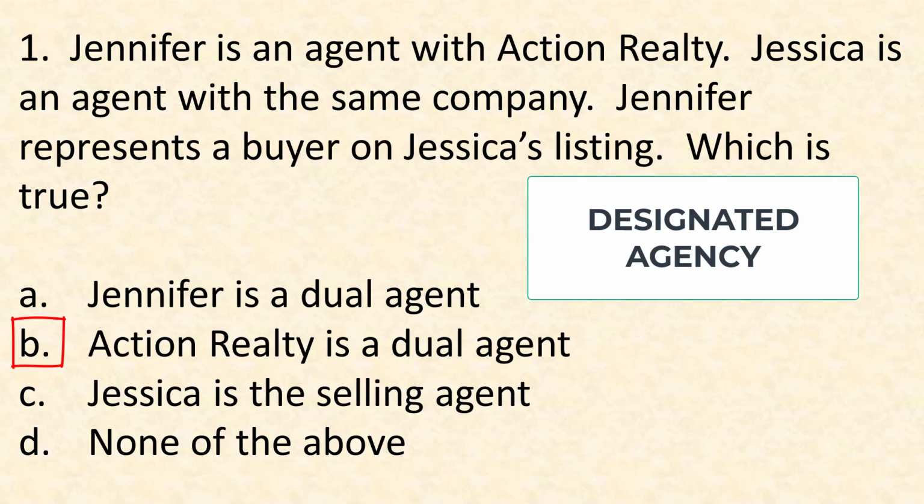Well, here we have two different agents. One is working with the buyer and one is working with the seller. However, they both work for the same broker. This broker is handling the sale for both the buyer and the seller. So in this case, the broker remains a dual agent. In a designated agency relationship, the broker remains a dual agent.